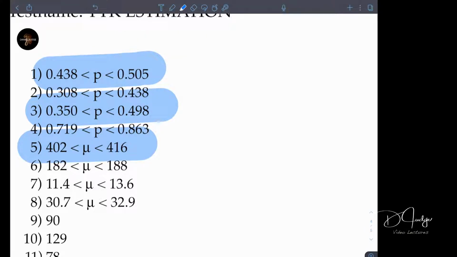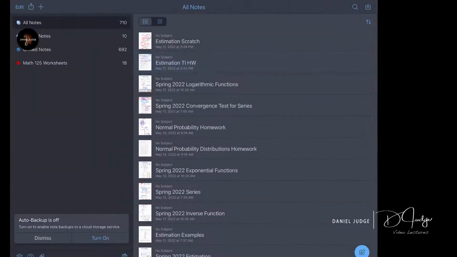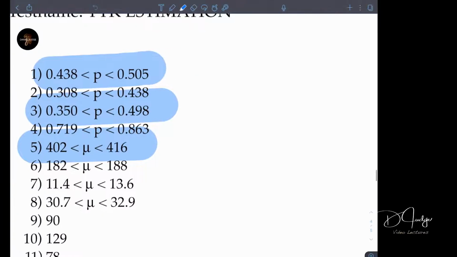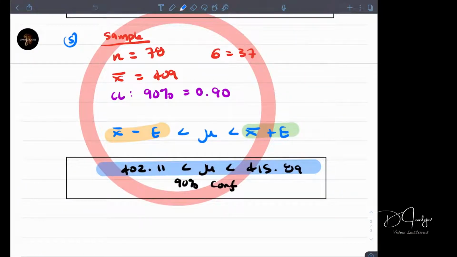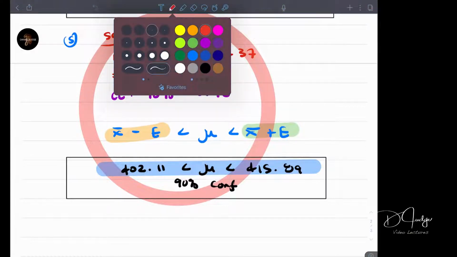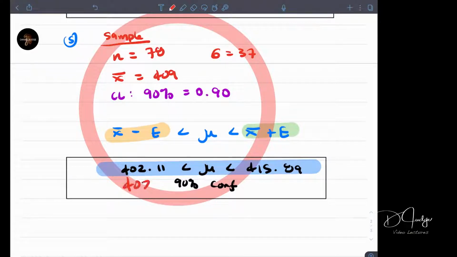I mean, but that's simply, if we approximated our answer to the nearest whole number, it will be between 402 and 416, okay? I wish they would have told us that to begin with, approximate your final answer. But as you guys can see, 402, 416 to the nearest whole number here. So we're good with that one. That's number 5.